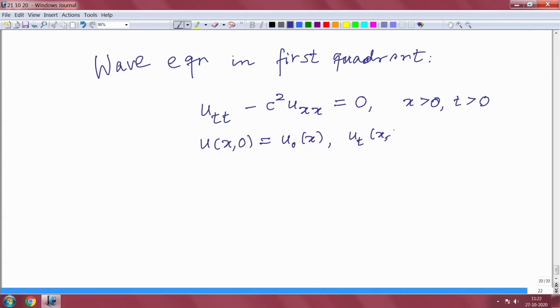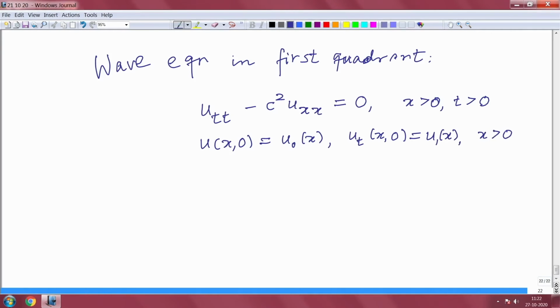As I remarked, in the case of wave equation, you can provide on any t equal to t0 line. Okay. So, there is absolutely no problem. By just translation, the solution formula can be derived. But now only x is positive.